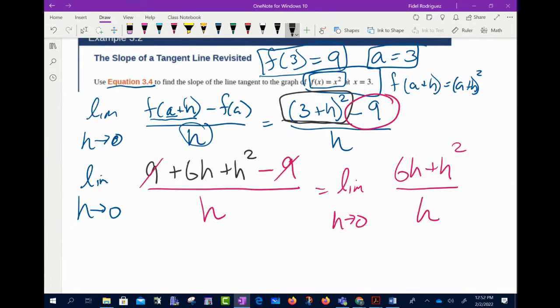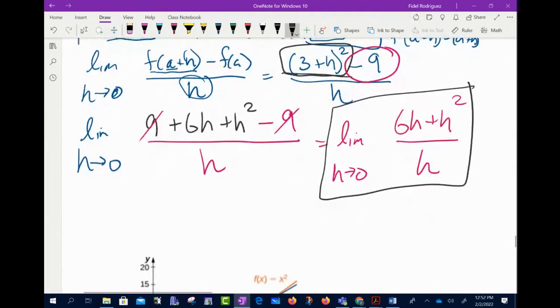Now, a couple of ways we can do this part right here, okay? I'm going to show you the first way, and I'm going to show you the second way, and you tell me which way you like better. You got to pick one of them, okay? First way, write it like this: 6h over h plus h squared over h. Because we're separating the fraction, right?